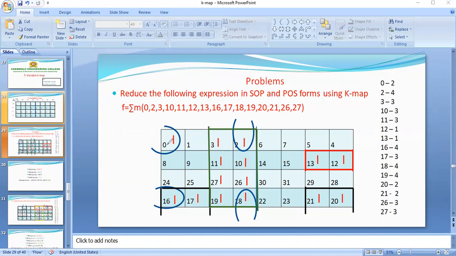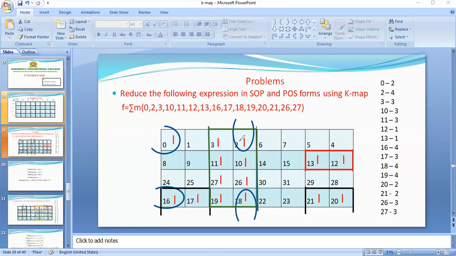For this 0, we have 2 adjacent and 16 adjacent. So only 2 numbers are adjacent, so the number of adjacencies for cell 0 is 2. After that, the next minterm is 2.